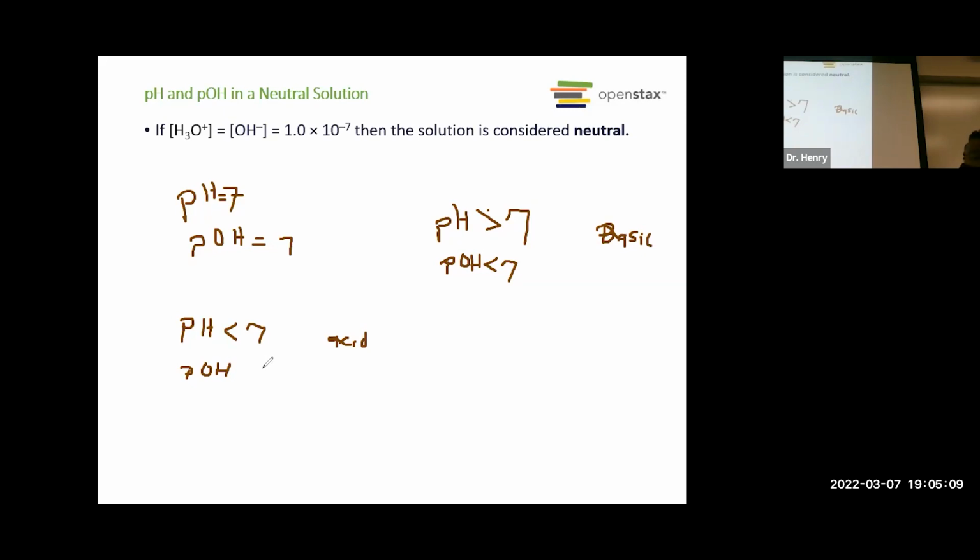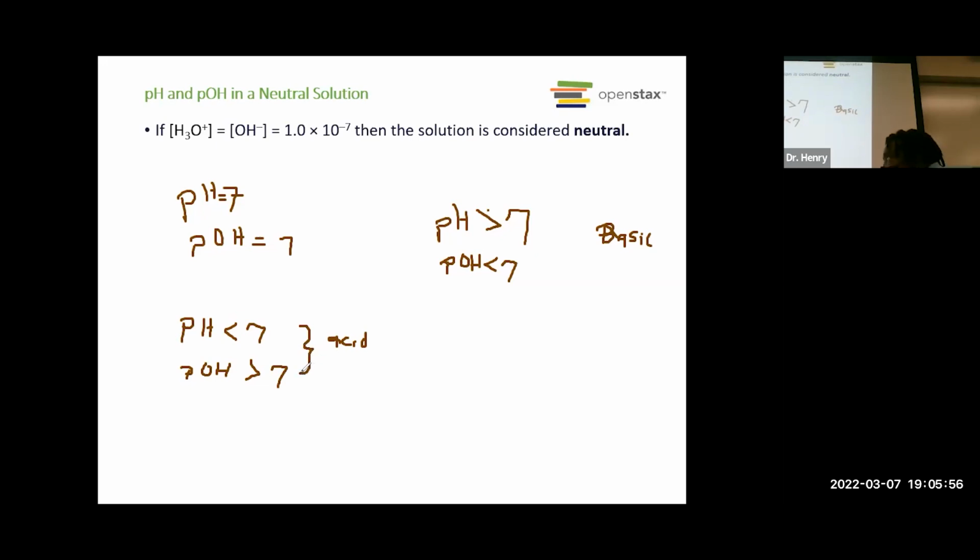The pOH is also going to be an acid, but pH is going to be greater than 7 or less than 7? That's right. Pac-Man eats the big one. Greater than 7. Makes sense? Okay.